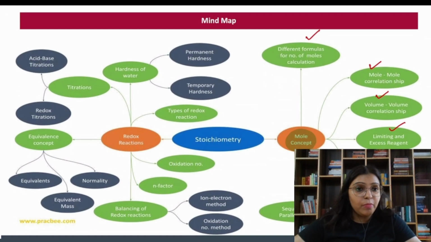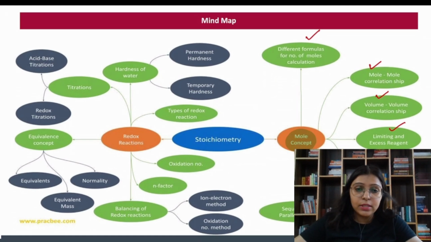That part you can solve by the mole-mole relationship, even the volume by volume relationship. Then we have the limiting reagent and excess reagent concept. We have different kinds of reactions, parallel and sequential reactions, then the percentage purity concept and percentage yield of the reaction, in which we are going to use the mole concept.